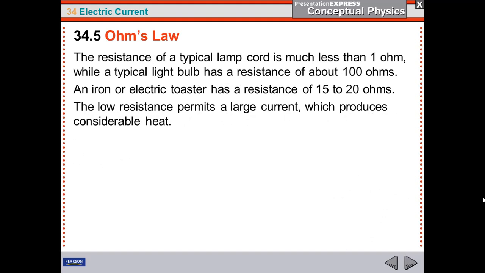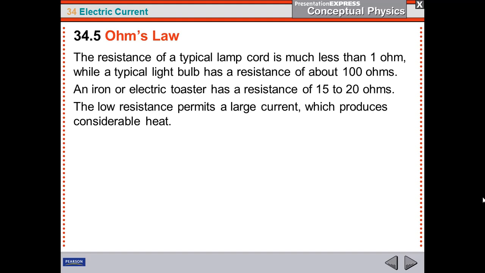The resistance of a typical lamp cord is much less than 1 ohm. A typical lamp cord is actually very small, so the resistance is less than 1 ohm, while a typical light bulb has a resistance of about 100 ohms.